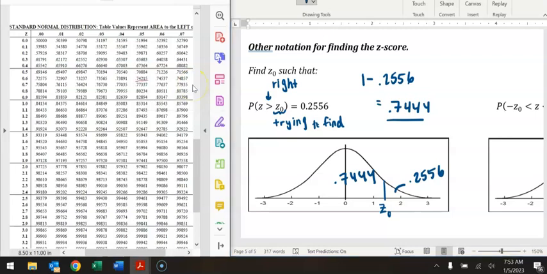Okay, I see 0.74215, 0.74537. So let's see which one's closest. Okay, so the one on the right, this one is the closest. The difference between that number and the area that we want is the smallest. So 0.66 is going to be that z-score.